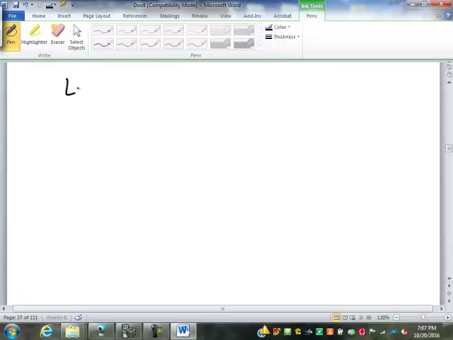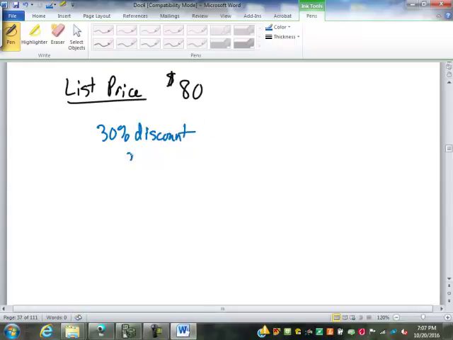For example, let's say we have an original list price of $80. This item now goes out of season. So you're going to have a 30% discount for going out of season. A couple months later, the manufacturer or distributor of that item decides to discontinue it. So they're going to add an additional 40% discount because it's discontinued.